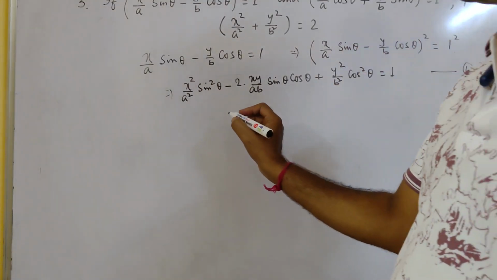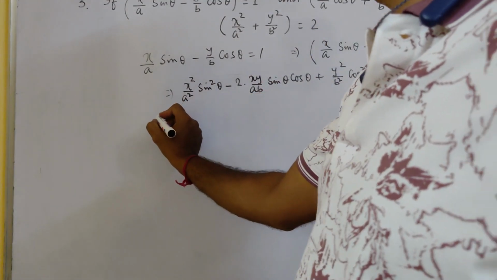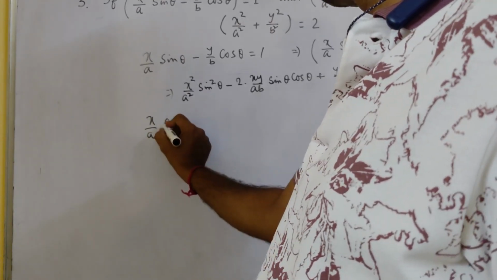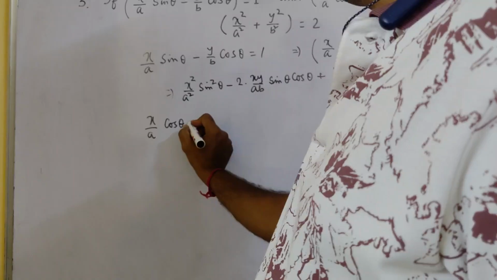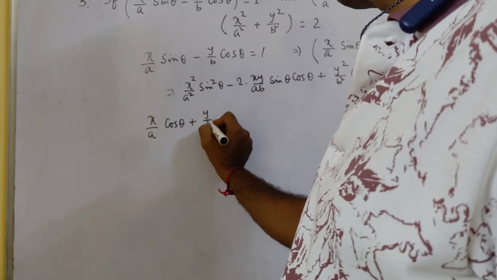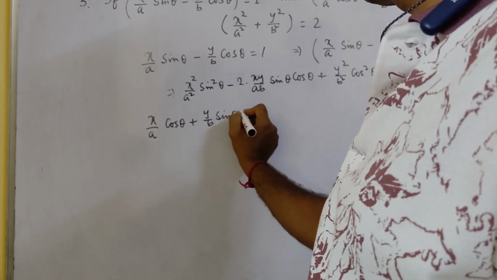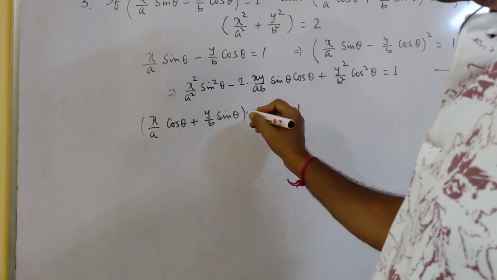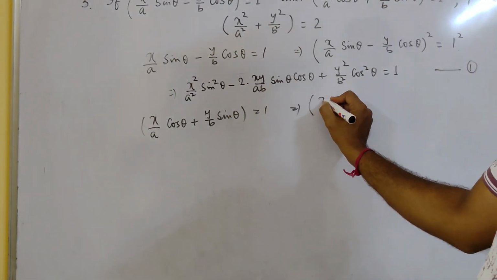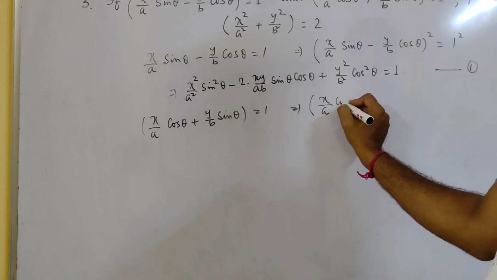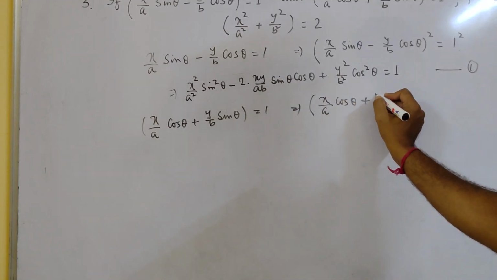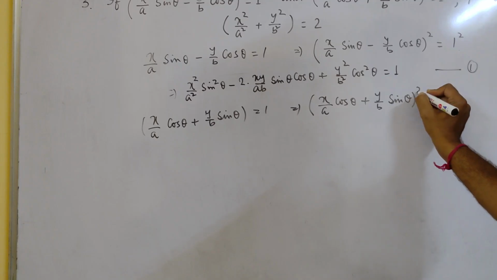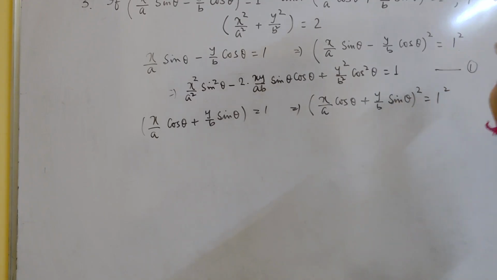Now from the other given, that is x by a cos theta plus y by b sin theta is equal to 1. Now squaring both sides, we may write x by a cos theta plus y by b sin theta, its whole square is equal to 1 square.